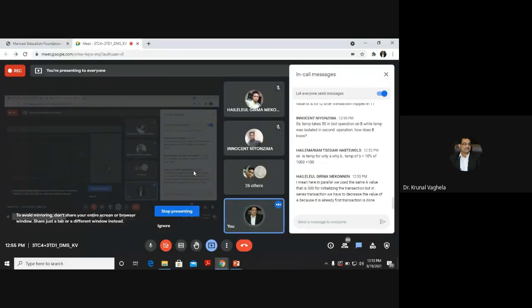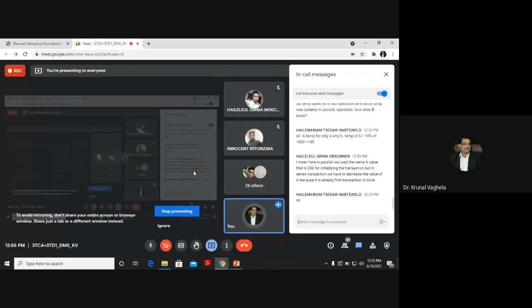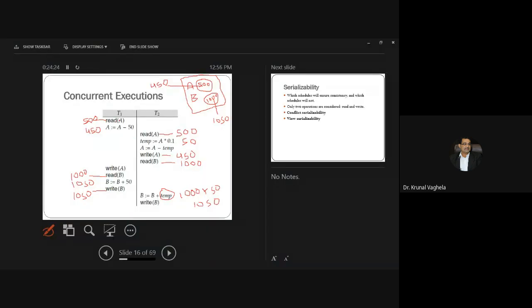And here in the parallel, we use the same A value, that is 500, initially in the transaction, but in series of transactions, we have decreased the value of A because the first transaction is already done. Yes. So in parallel transactions, we don't have any control. It is up to the operating system in which schedule the transaction will be executed. It may be possible that only this line will get executed, then this line, then this one.